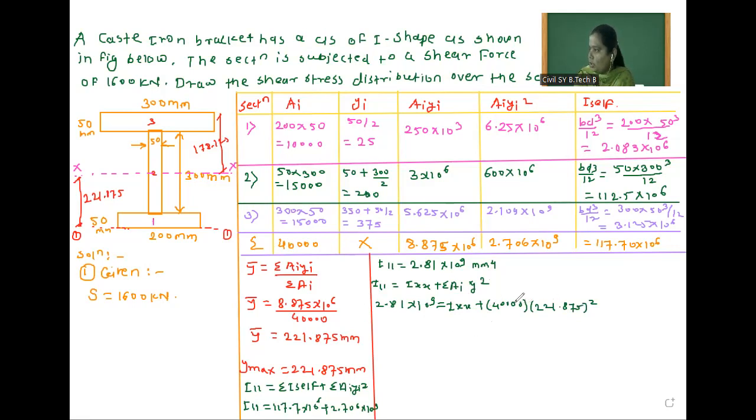So we shift these two terms to the left side: 2.81 into 10 raised to 9 minus 40,000 into 221.875 square is equal to Ixx. So you calculate and tell me Ixx, how much?